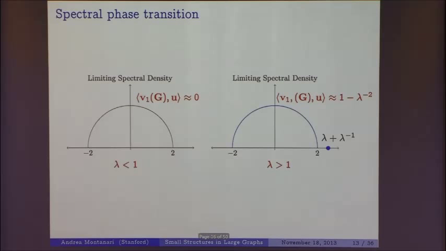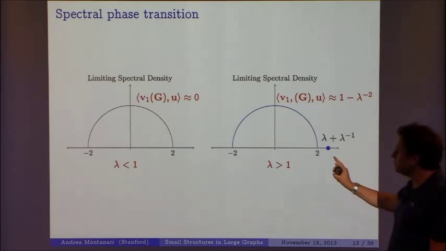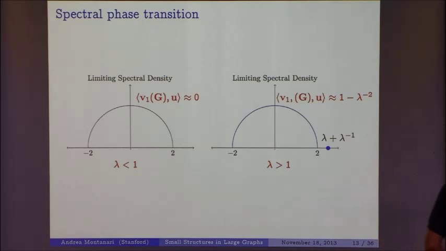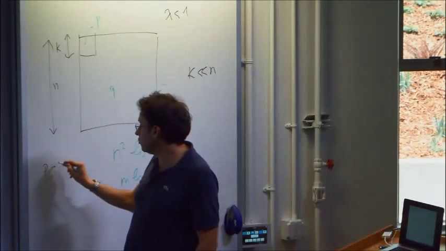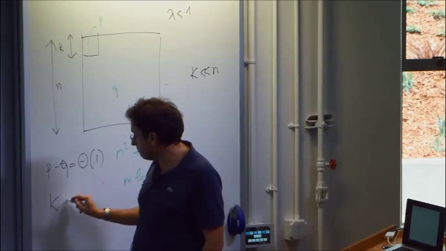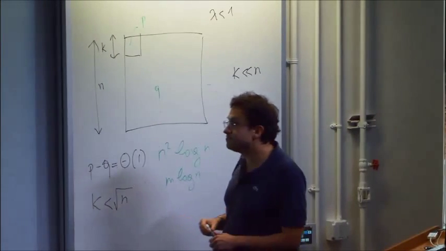Okay. So now the question that I want to ask is really, can we beat this threshold, this spectral threshold? That is, can we estimate this vector u when lambda is less than 1? So if we go back to our original graph setting, this means for p minus q of order theta of 1, this means for k smaller than square root of n.